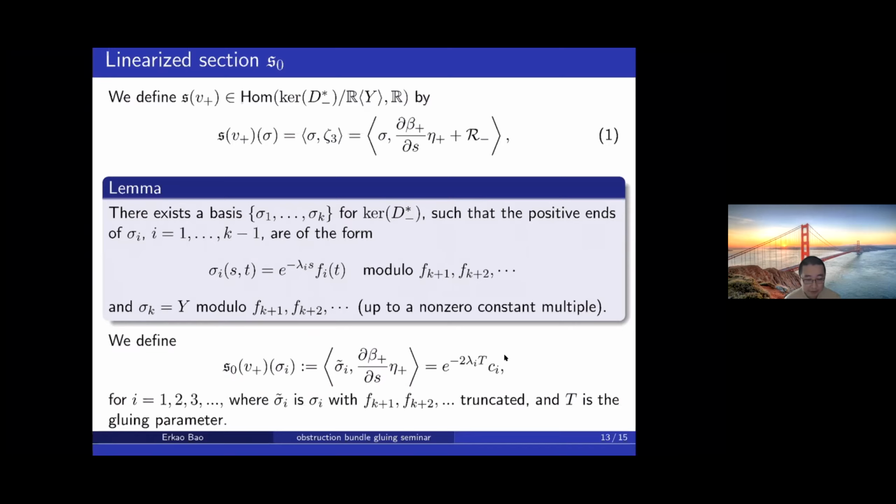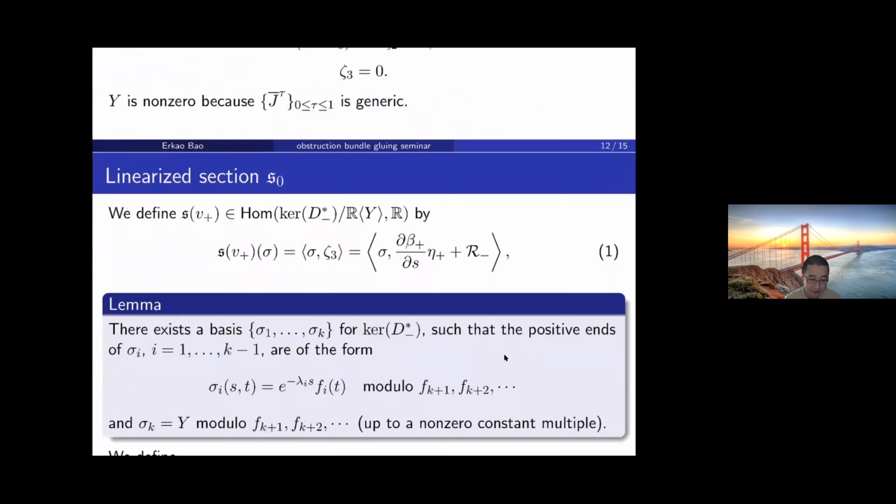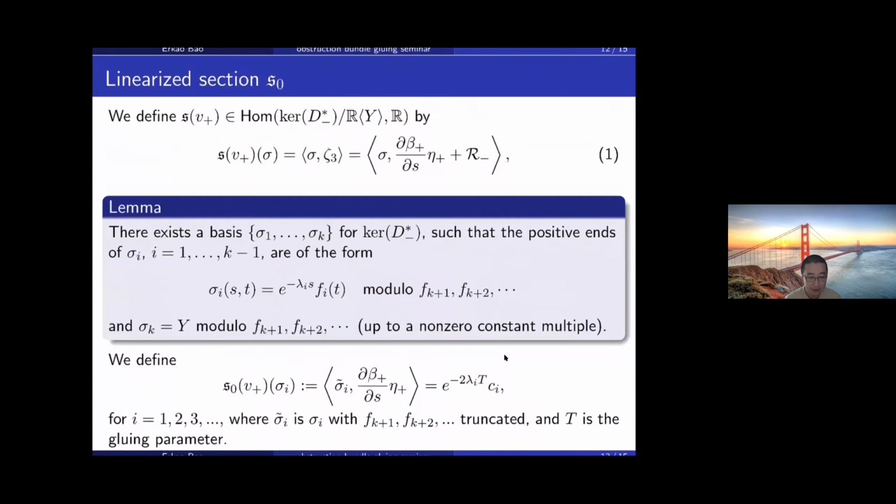And so a straightforward calculation shows that this is just equal to e to the minus lambda t c i. Here I didn't quite explain what t is. t is the gluing parameter. When you glue, you translate the curve.